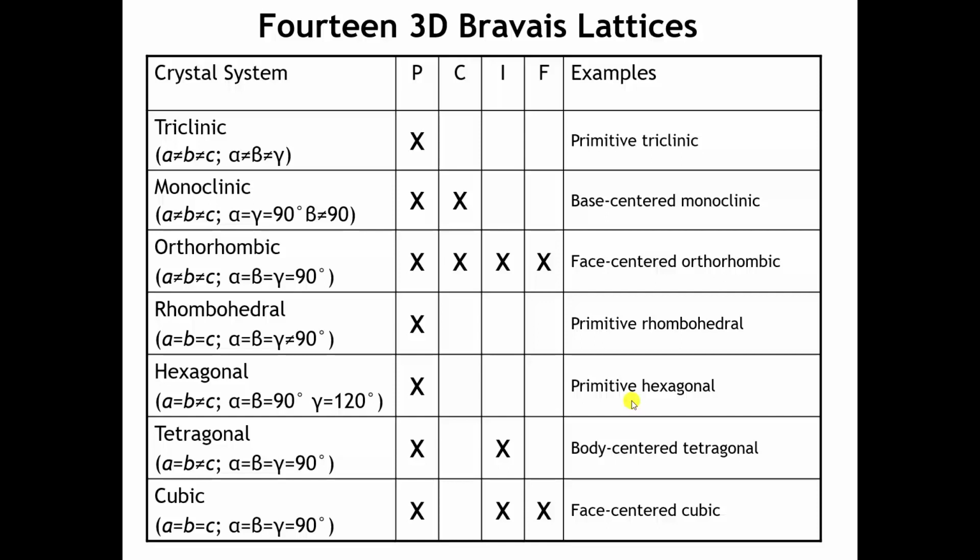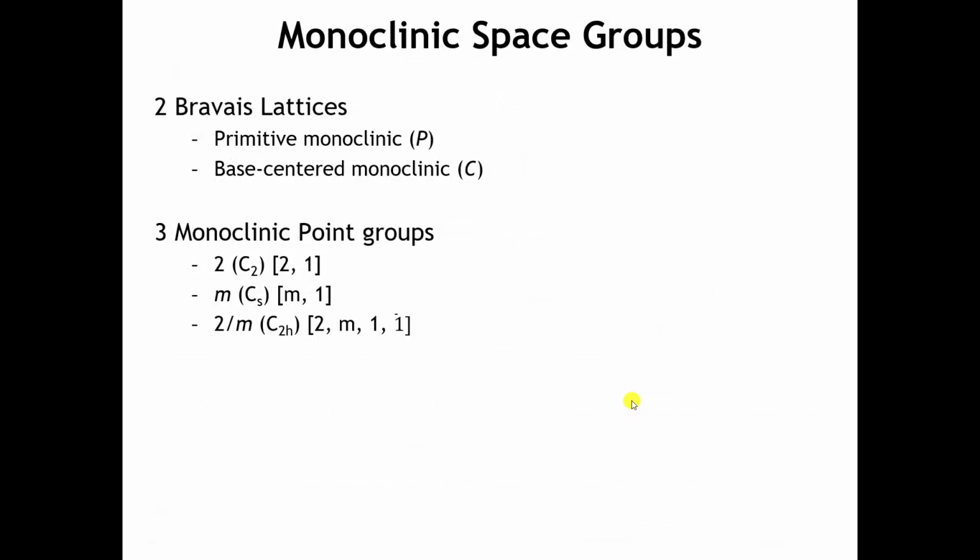So to understand how we combine translational symmetry and point symmetry, let's look at how we might generate the monoclinic space groups. As we can see on this slide, there are 2 different Bravais lattices in the monoclinic crystal system. We have a primitive monoclinic lattice and a base-centered monoclinic lattice.